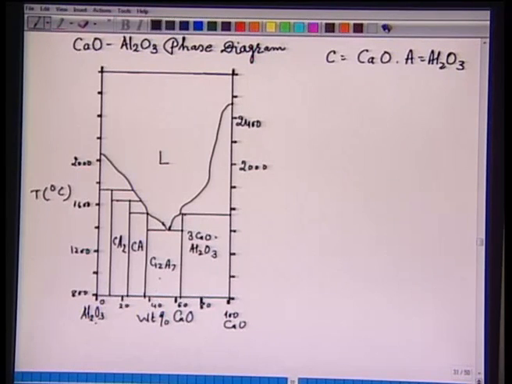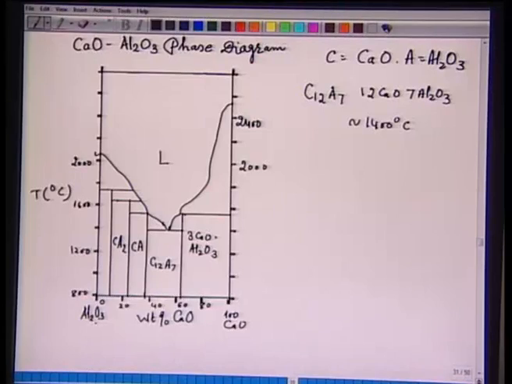In fact, the composition corresponding to C12A7, that means 12CaO·7Al2O3, has a melting point around 1400 degrees Celsius. Pure Al2O3 has a melting point of around 2050 degrees Celsius, which is solid at the steel making temperature. It is very difficult to remove.